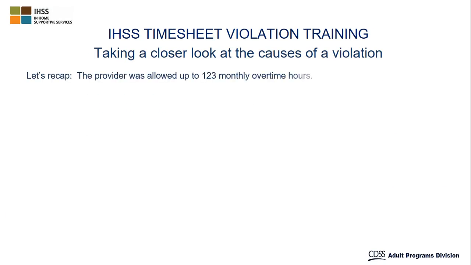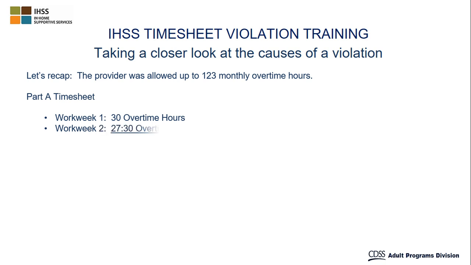Let's recap. The provider was allowed up to 123 monthly overtime hours for the Part A timesheet. For Work Week 1, the provider claimed 30 hours of overtime, and for Work Week 2, the provider claimed 27 hours and 30 minutes of overtime.